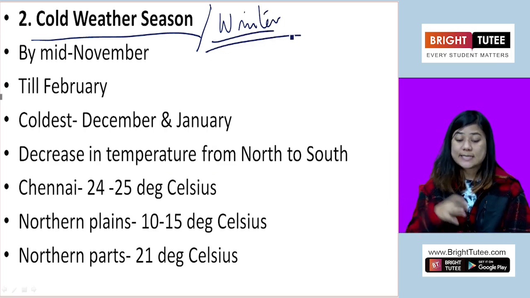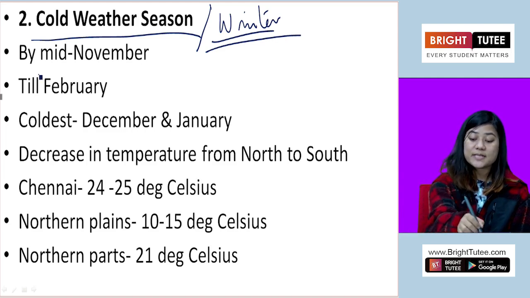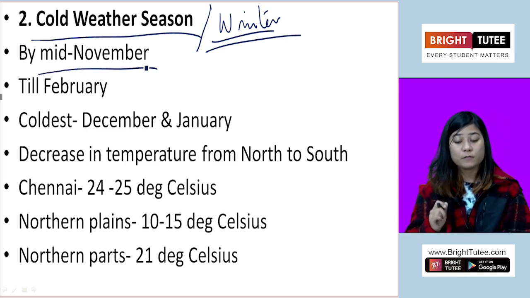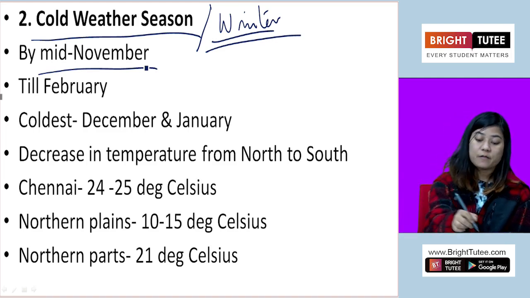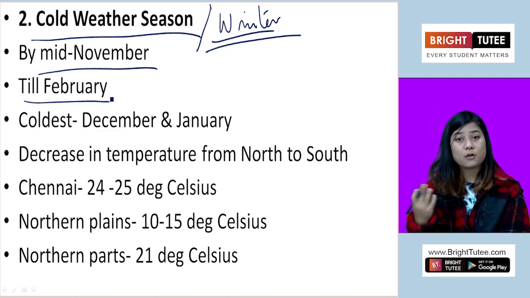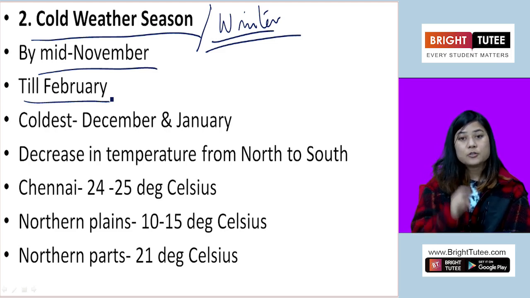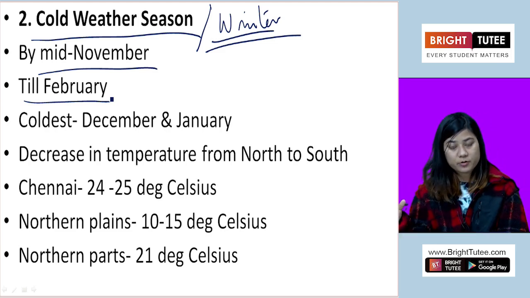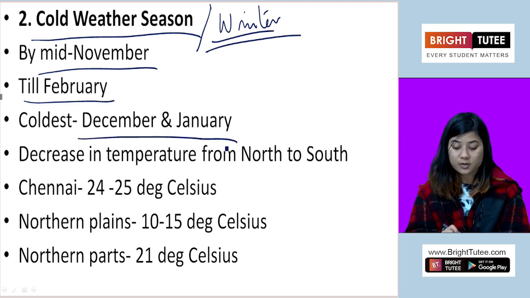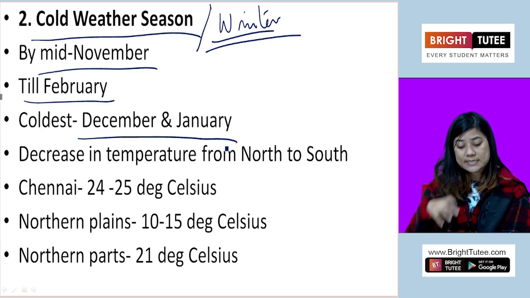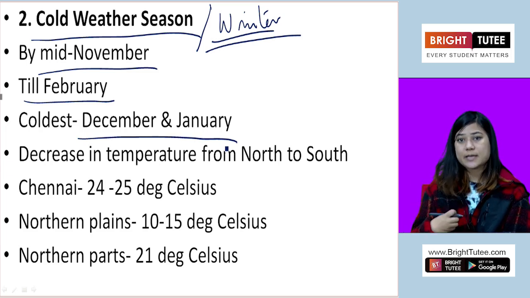So the winter sets in India by the middle of the month of November, and it remains till the month of February. Between November and February, the coldest months are December and January. During this season, there is a decrease in temperature.